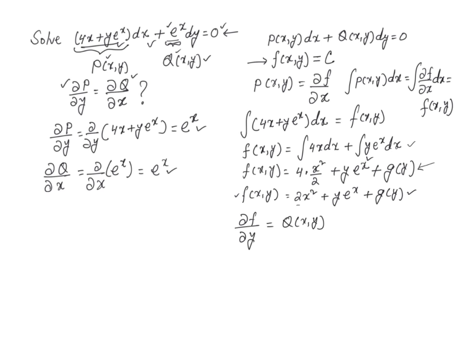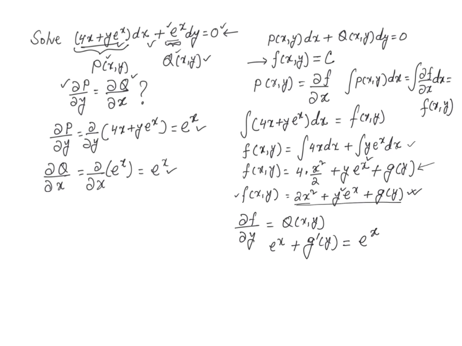Now if I take the derivative of this with respect to y, I get 0 for the first term, and for the second term I get e to the power x, because the derivative of y is 1 and e to the power x is a constant when we are taking the derivative with respect to y. The derivative of g of y is just g prime of y, as we do not have an explicit form for g of y. That must be equal to e to the power x.